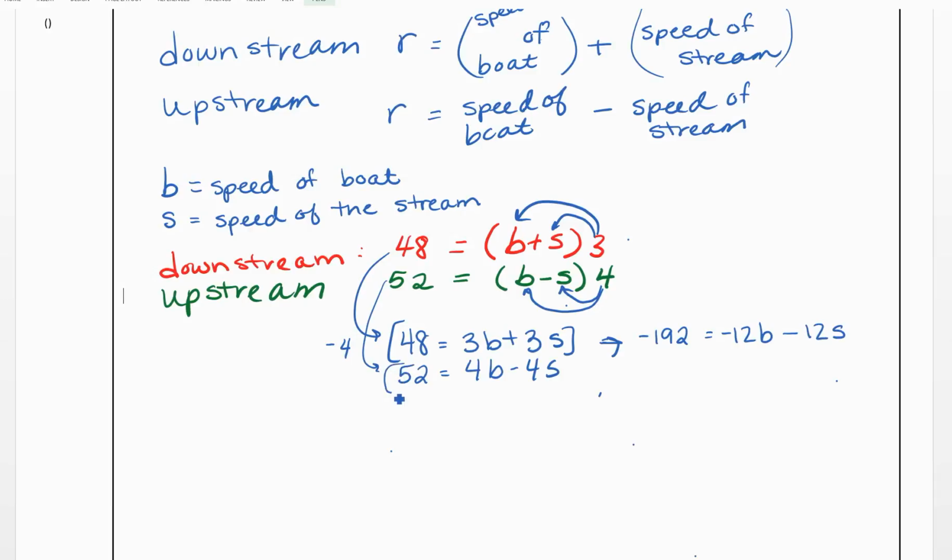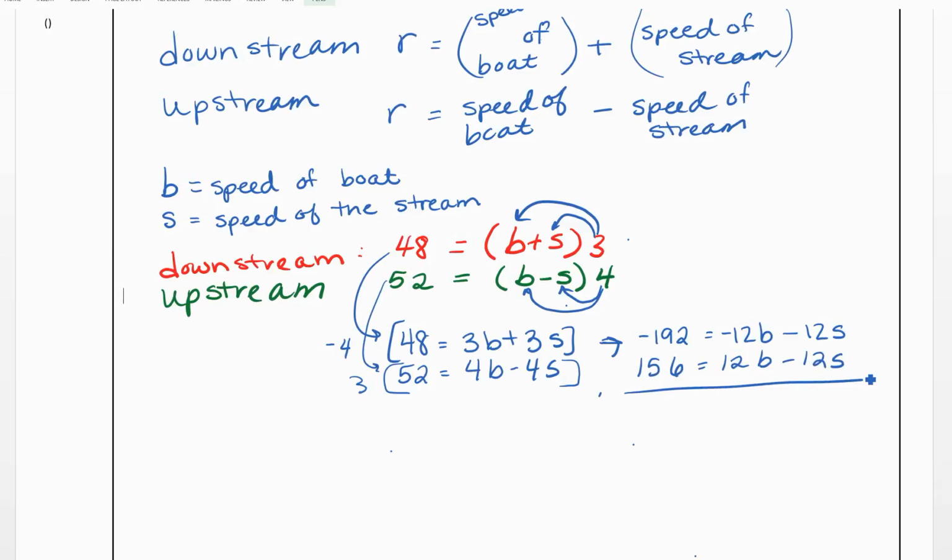Okay, and let's multiply through the second equation by 3. That way our b's, one will have a coefficient of 12 and one of negative 12. So 52 times 3 is 156 equals 12b minus 12s. Okay, and now we're going to add going down.